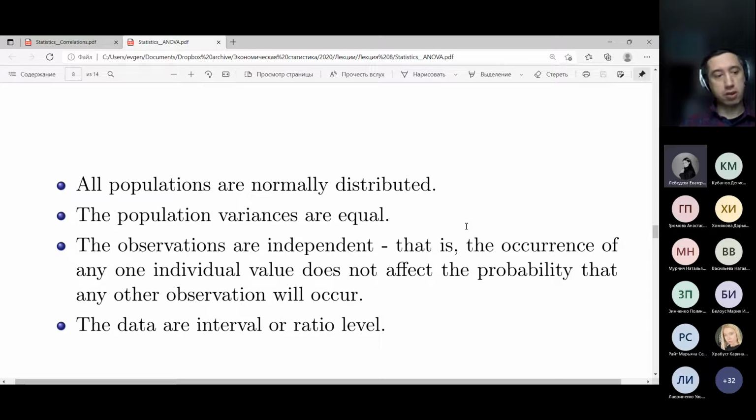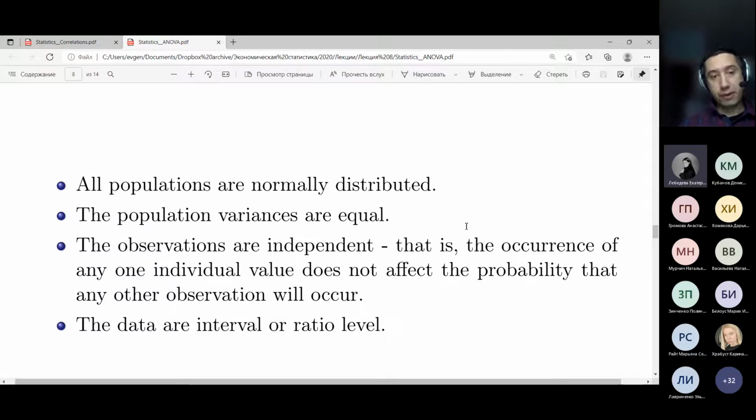But imagine that your stores are located near one another. For example, you have 4 stores in the same mall or in the same place. And in this case, their sales could be dependent.